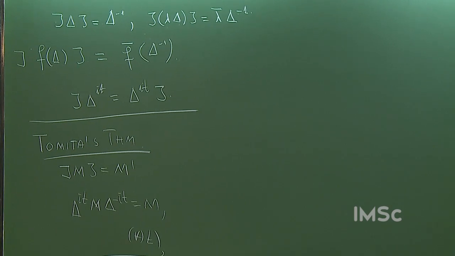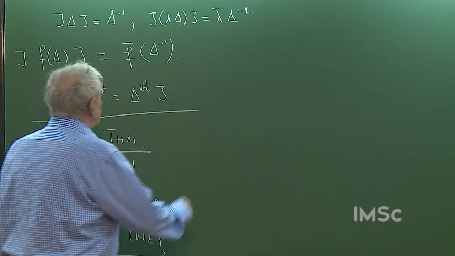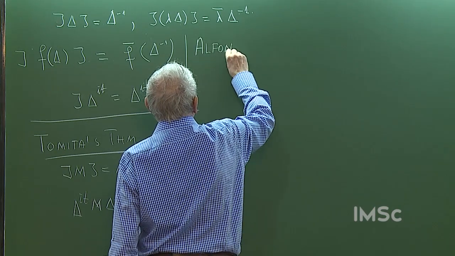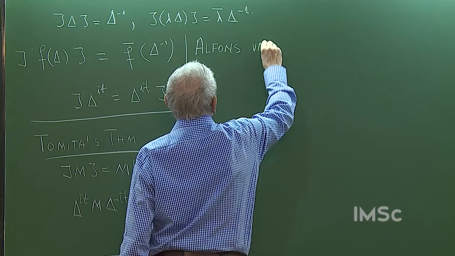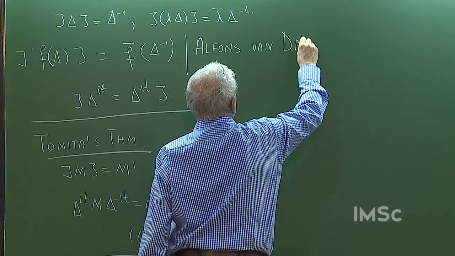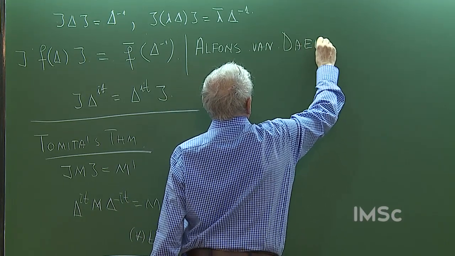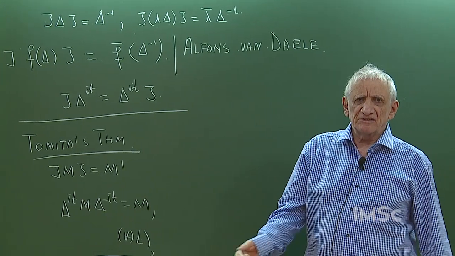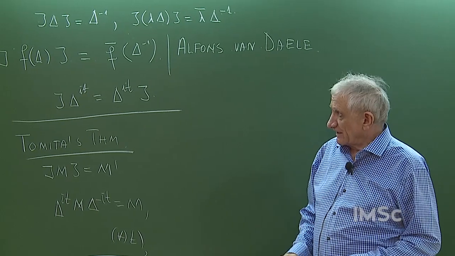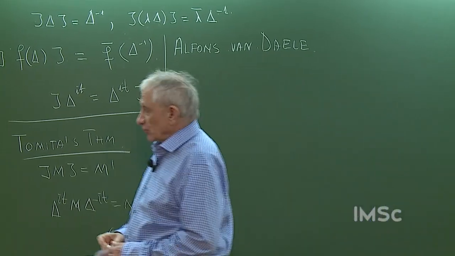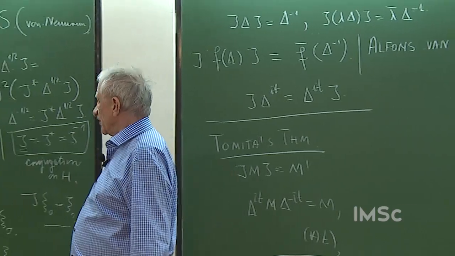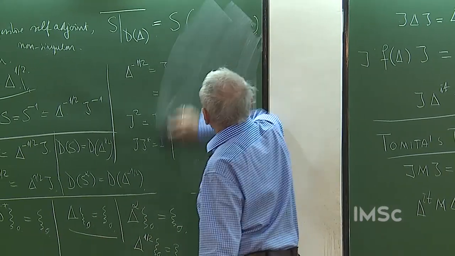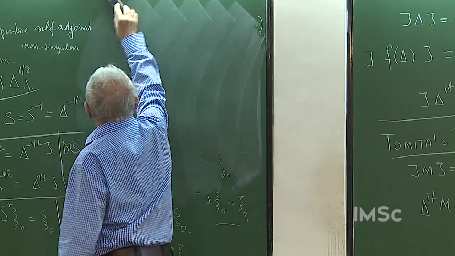The proof I will present is the proof due to Alphonse van Daele. And it appeared in the early 70s, in 71 or something like that. Okay, it's a short proof, a very lucid proof. And we will go now to see it.